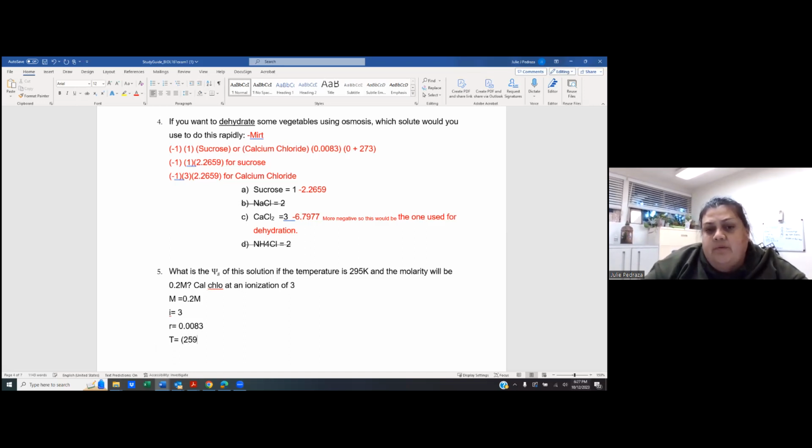Well, they already solved it. We don't need to do anything else. The temperature is 295. Okay. So how would you solve for this? You would do negative 1, because we can't forget the negative, right? 0.2. 3 is the ionization.